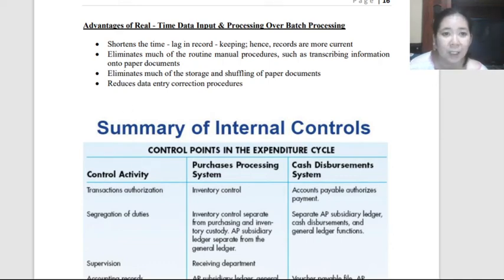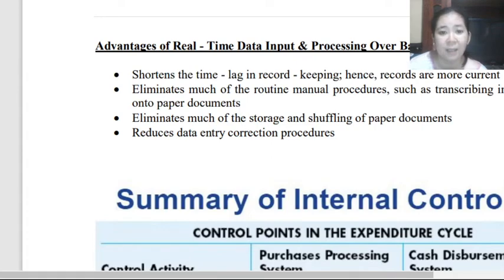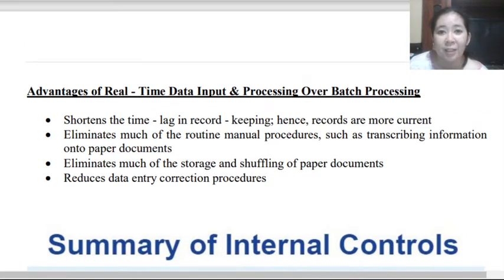We will proceed with the advantages of real-time data input and processing over batch processing. Here, it will shorten the time, of course, of record keeping.